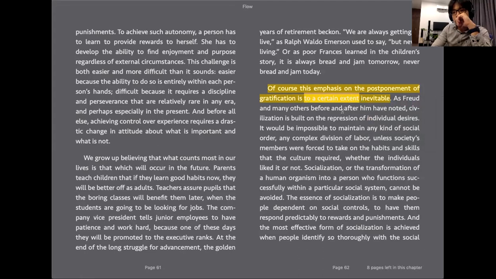This is a very natural way of using grammar, and it is what you have to try to mimic. And the words used as well: postponement, emphasis, inevitable. To a certain extent, that is proficiency level, that is native speaker level. That is what you're trying to achieve.